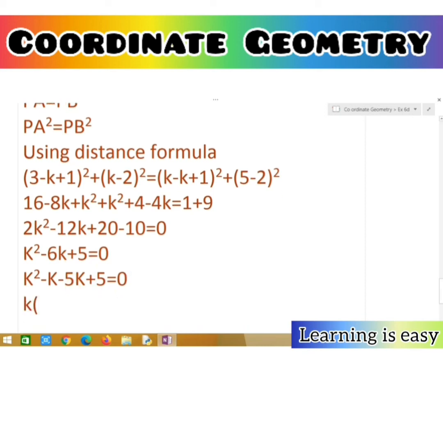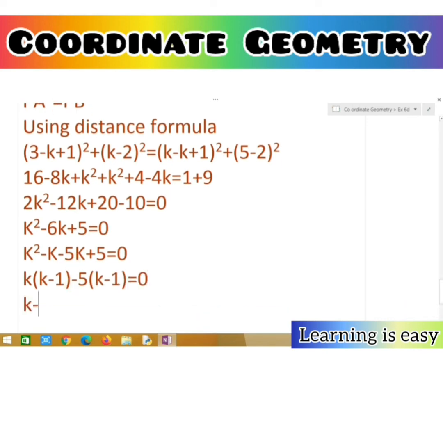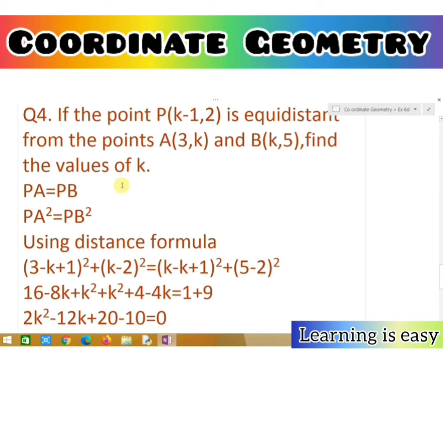So k into (k minus 1) minus 5 into (k minus 1) equal to 0. (k minus 5) into (k minus 1) equal to 0. k equal to 5 or k equal to 1. So these are the possible values for k.